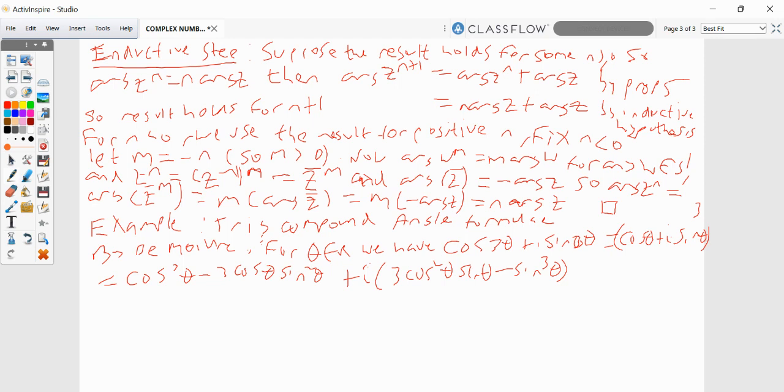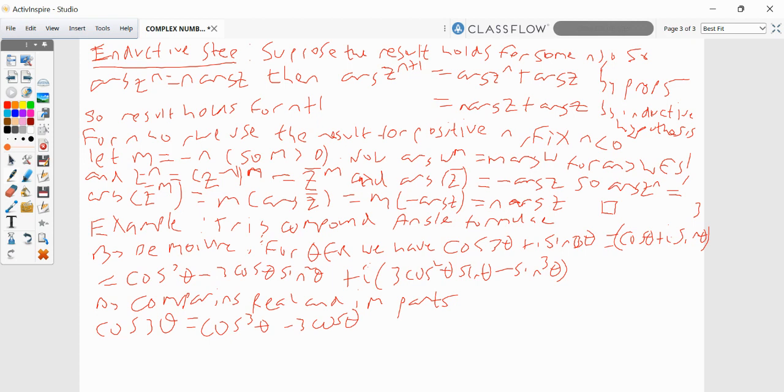So, if we wanted some formulae, comparing real and imaginary parts, we get cos 3 theta being cos cubed theta minus 3 cos theta sine squared theta.